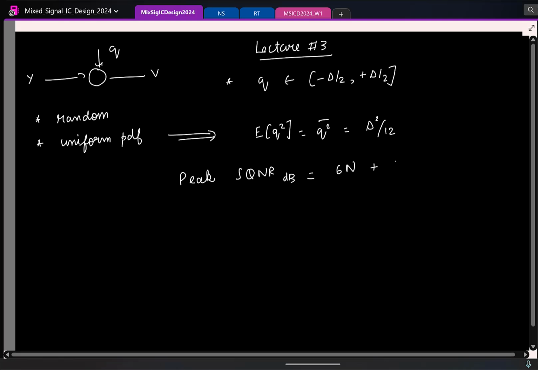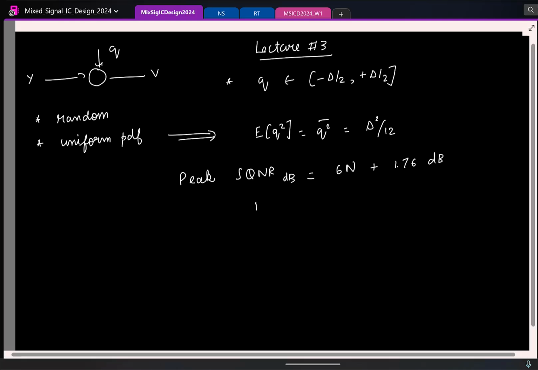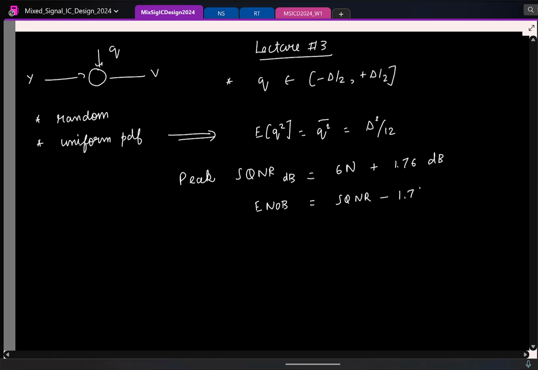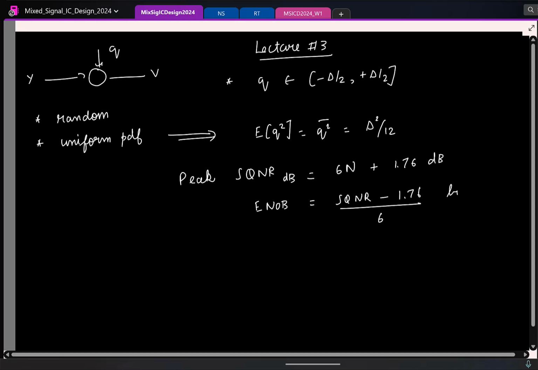Yeah, 6.02n plus 1.76 decibels, where n is the number of bits with which you quantize, right? And from this we also defined ENOB, or the effective number of bits that your ADC is capable of digitizing the signal to. So that is the measured peak SQNR minus 1.76, divided by 6.02, so many bits.